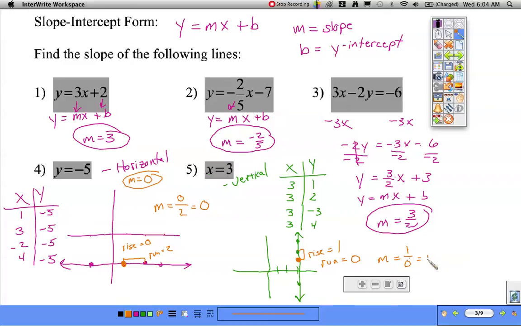You can't divide by 0, so I end up getting this idea of undefined. So if you are ever asked for the slope of a vertical line, we say it's undefined, whereas the horizontal line has the slope of 0 because you're rising 0 and running whatever to get to the next point. So remember that. Horizontal, slope 0. Vertical line, slope is undefined.